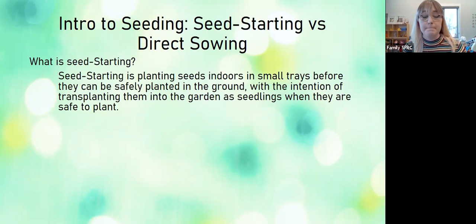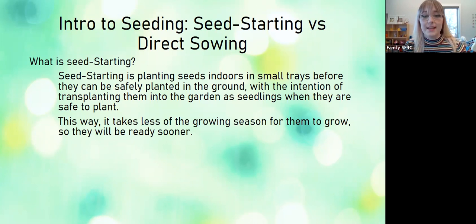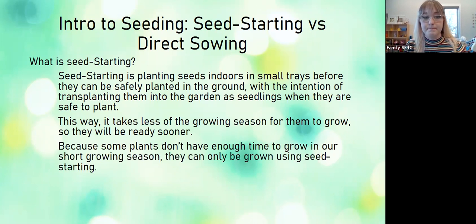What is seed starting? Seed starting is planting seeds indoors in small trays before they can be safely planted in the ground, with the intention of transplanting them into the garden as seedlings when they are safe to plant. This way, it takes less of the growing season for them to grow, so they'll be ready sooner.